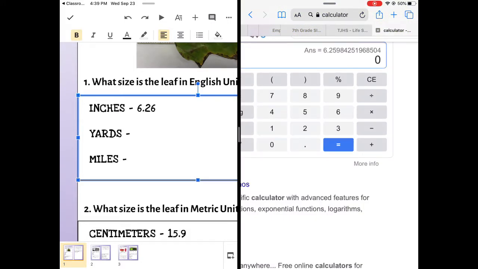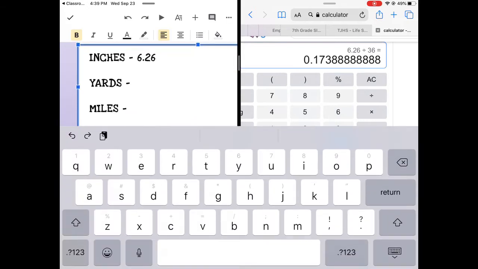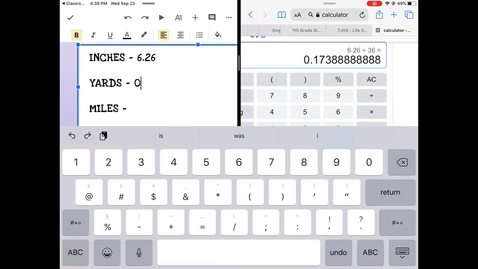6.26 divided by 36 inches per yard, and I get 0.173888888. So I'm going to write most of that number. 0.173, and I'm going to round that up to a 9, or let's just do 89.